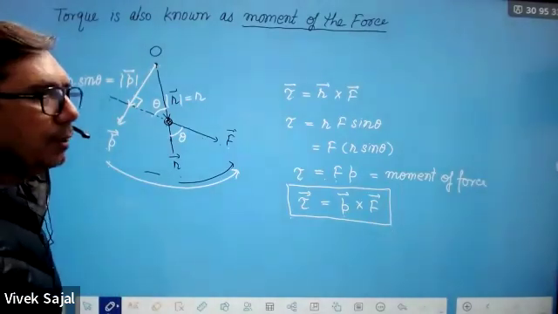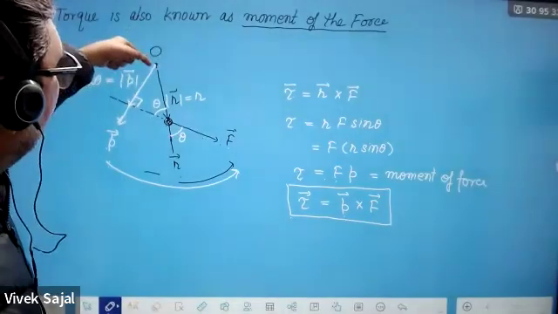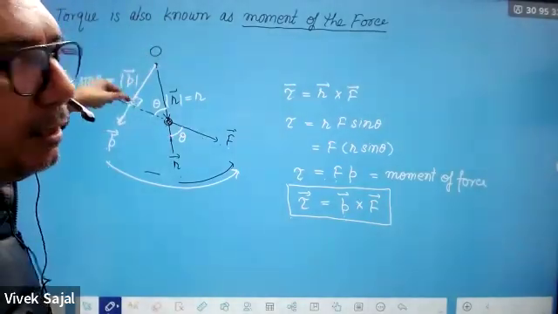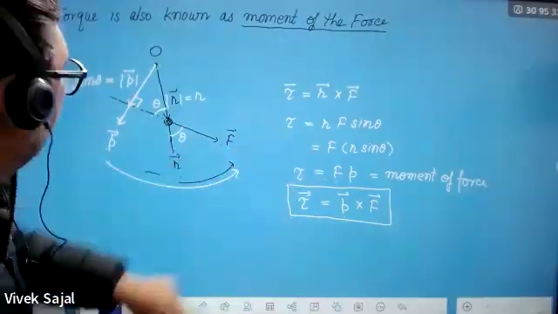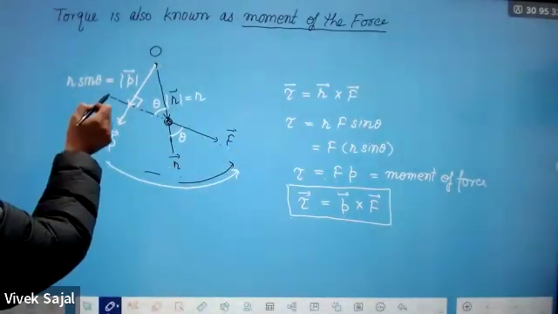So what you have to do is, from the point about which rotation will take place, draw a perpendicular on the line of action of the force. So what is this line? This is the line of force.